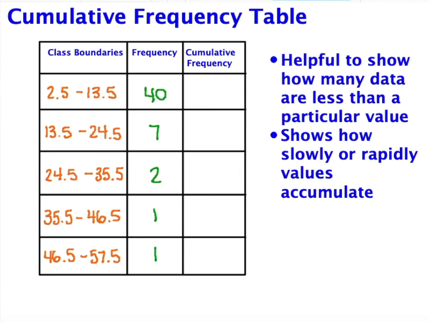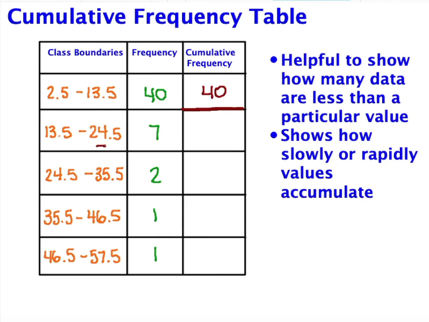I'm so glad you're still with me, because cumulative frequency, accumulating, right? Cumulative frequency is just a little bit different. Here I have my data from earlier from the frequency table. Cumulative means we're going to see how much we've accumulated. So by the time we get up to 13 electoral votes, how many states have been accounted for? 40 of them.